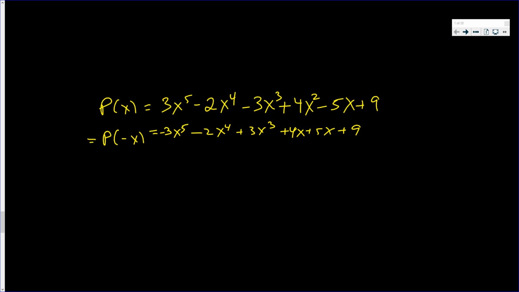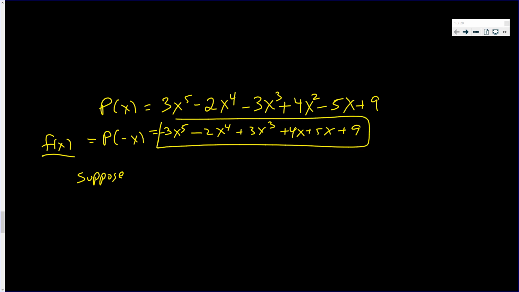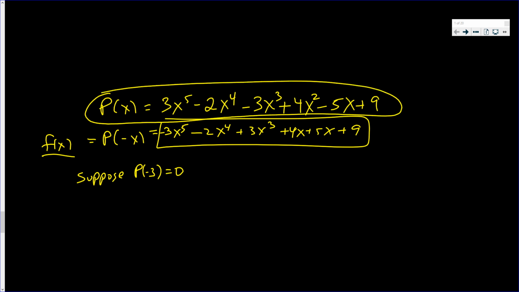But this is just another function, and we're going to call this function f of x, but we know in disguise it's p of negative x. Suppose that p of negative 3 equals 0. That is, it probably isn't, but let's suppose when I plug in negative 3 here, I get 0.